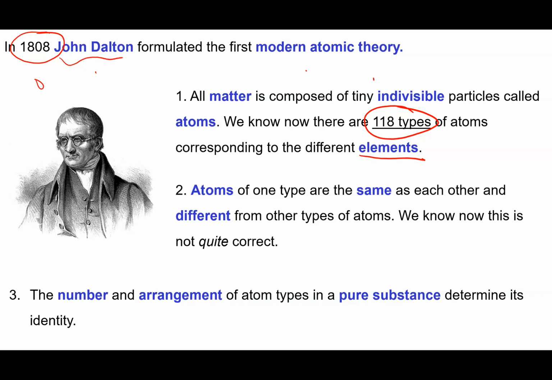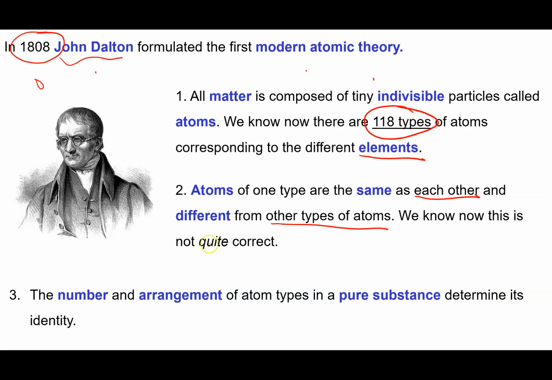The second of Dalton's postulates states that atoms of one type are the same as each other and different from other types of atoms. So what he's really saying is that every carbon atom is the same, every oxygen atom is the same, but carbon atoms are different from oxygen atoms. In fact, carbon atoms are different from every other type of atom, from the 117 other types of atoms, right?